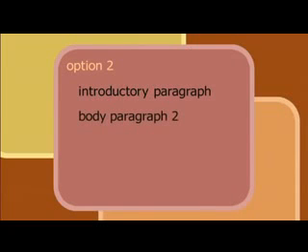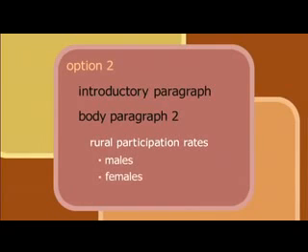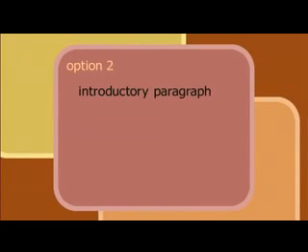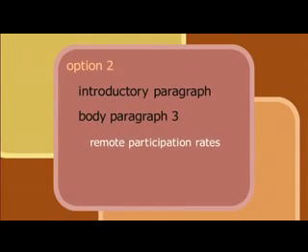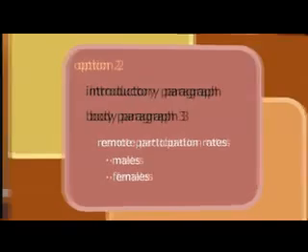Body paragraph 2 would discuss rural participation rates for males and females. And body paragraph 3 would be used to discuss remote participation rates for males and females. There's no clear answer as to which way is better. They are both correct. But remember that your essay needs to be at least 150 words.